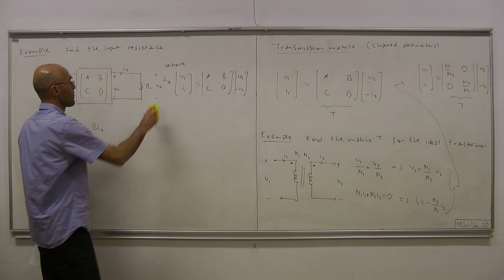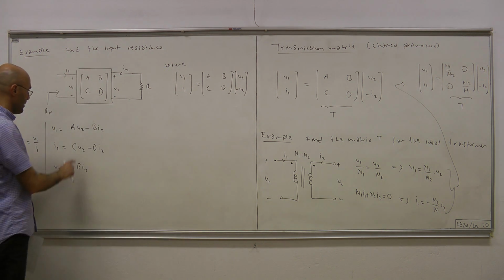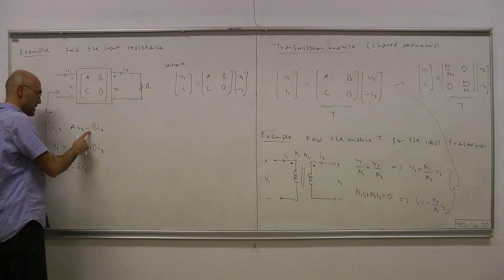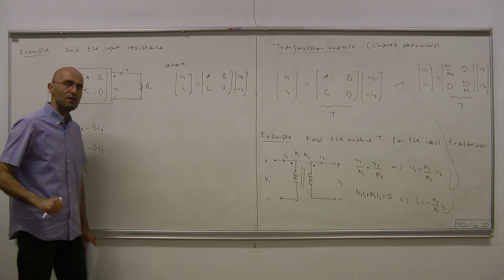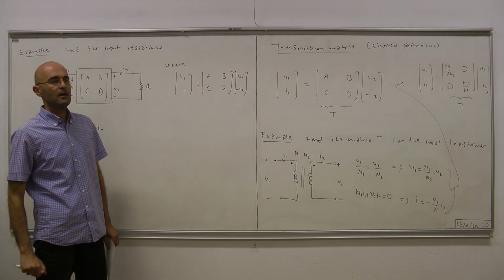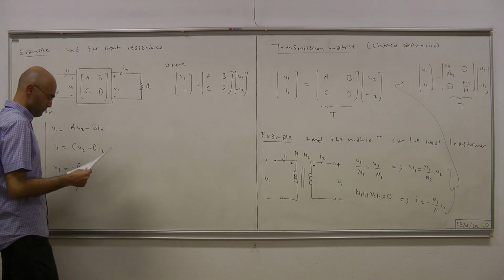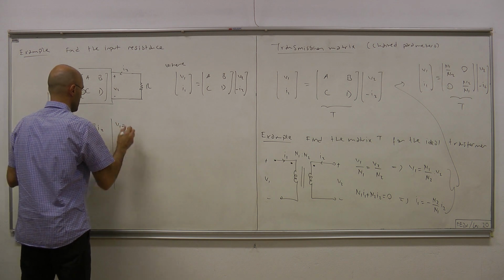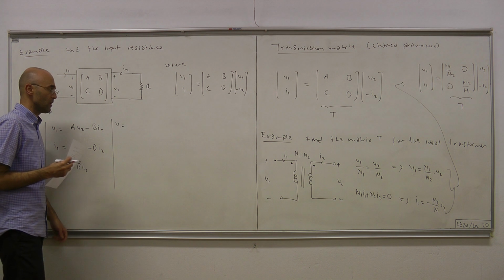And now, by replacing V2 by minus R I2, everything here and here becomes in terms of I2, and then when you take the ratio, I2s will cancel out and you obtain the input resistance in terms of the parameters. So let's do that. At second stage, we rewrite these equations by replacing V2 by minus R I2.